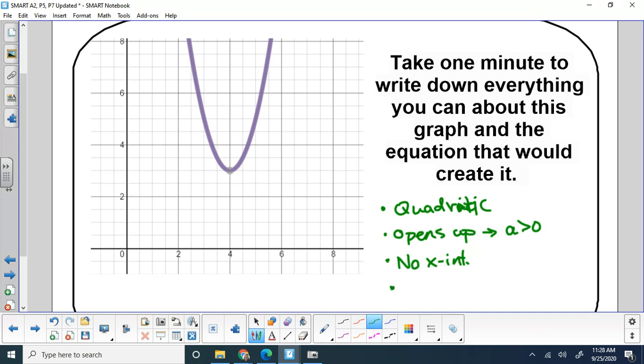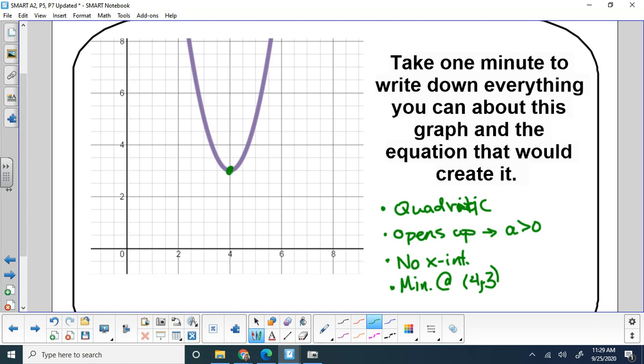They tell me that there is a minimum of the graph. Some of them tell me that there's a minimum more specifically at the value 4, 3. So they identify that point of that minimum.